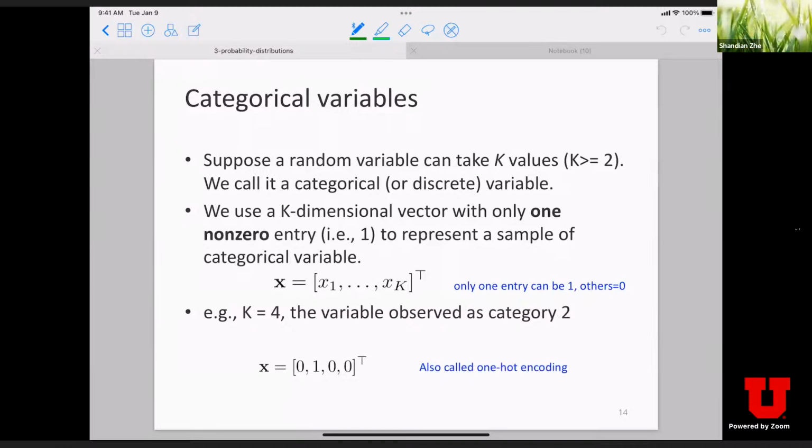Homework 1 will be released on Thursday, because it will cover all the basic probability distributions and properties we have discussed so far. That's quite a few probability distributions that we need to go through, so we need some time.